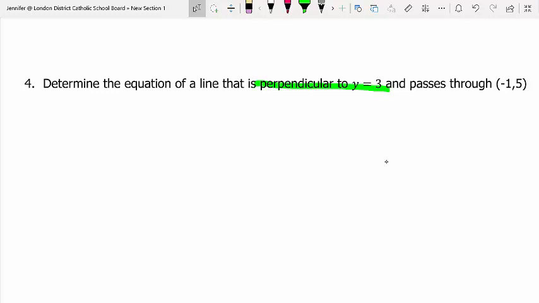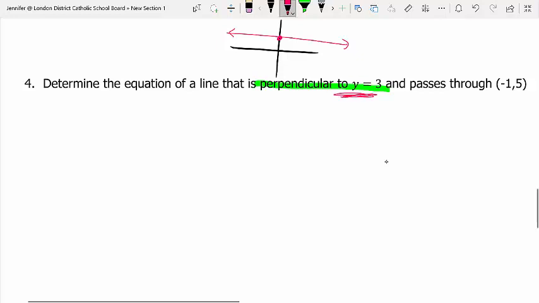So y equals 3, what kind of a line is that? Y equals 3 is a horizontal line that passes through 3 on the y-axis. Okay, so that's their line. Now our line is perpendicular to that. So if their line is a horizontal line, the only types of lines that are perpendicular to horizontal lines are vertical lines.